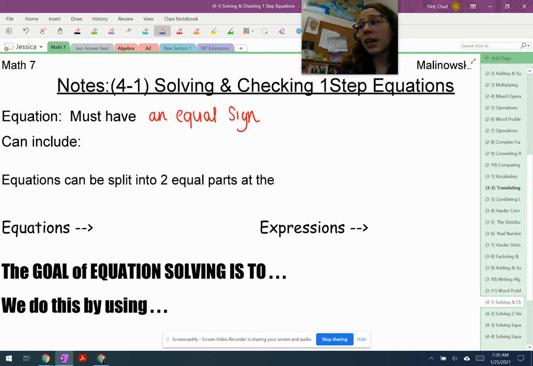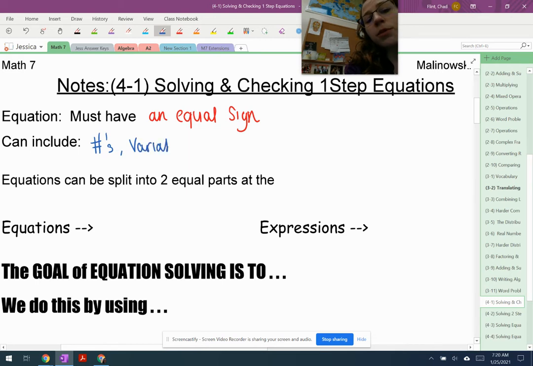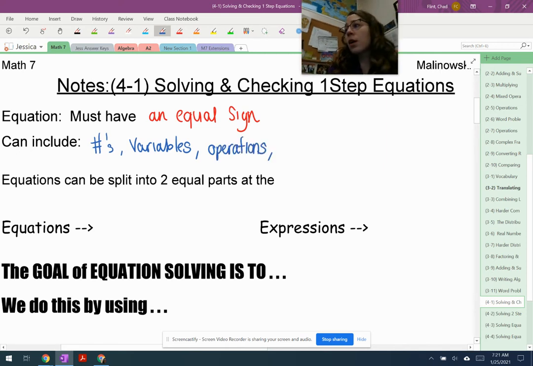And equations can include things like numbers, variables, operation signs. And that's really about it. Numbers, variables, operations. Exponents they can include, but we won't really deal with any equations that have exponents. That's going to be more of an Algebra 2 kind of thing that you get into.